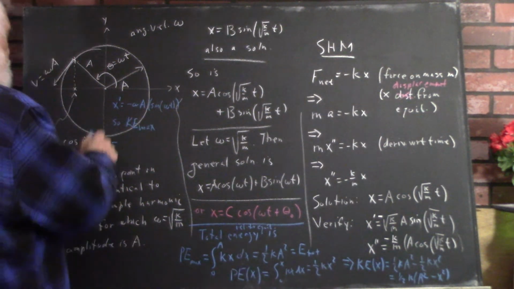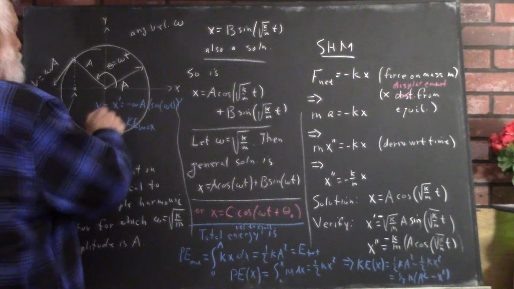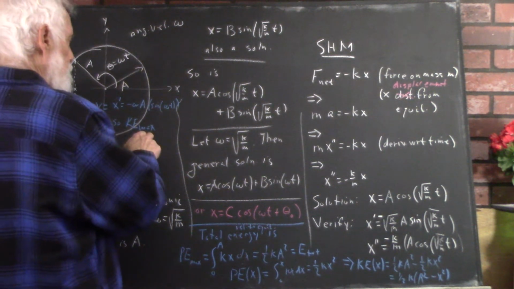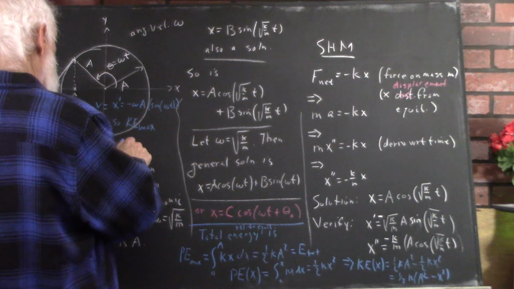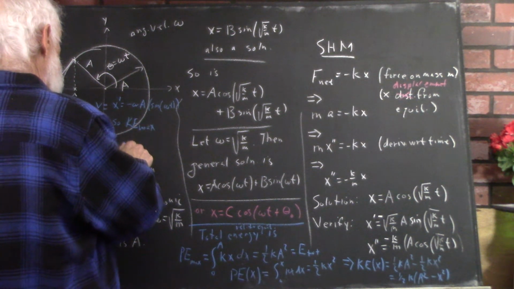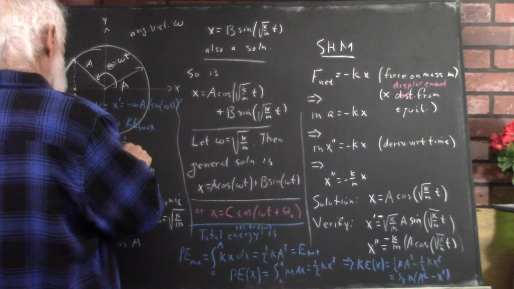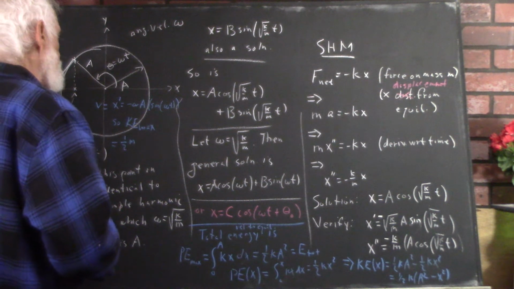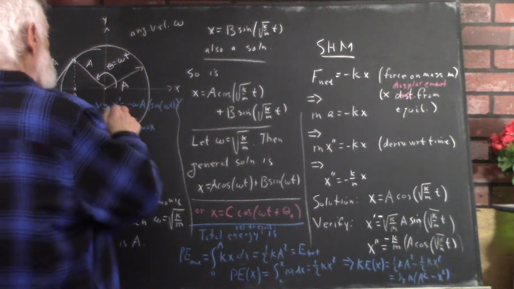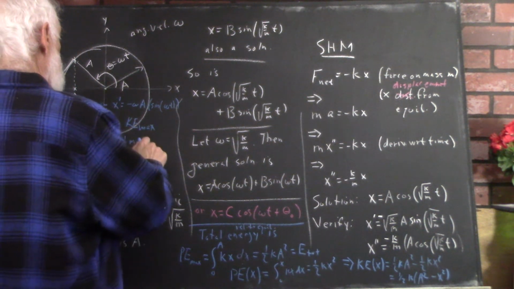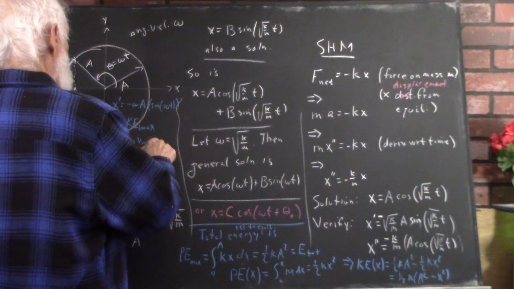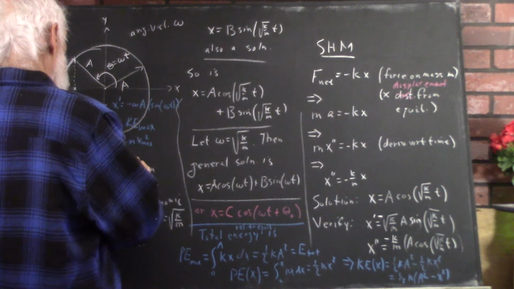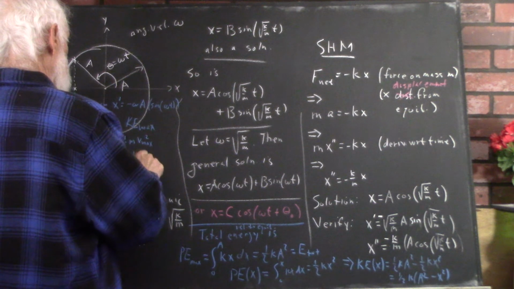This is your velocity. Your maximum kinetic energy is 1/2 your mass times your maximum velocity squared. Don't have room to write out everything I'd like to write.